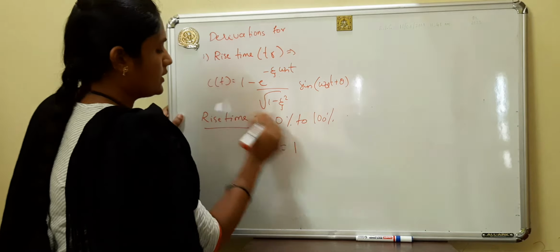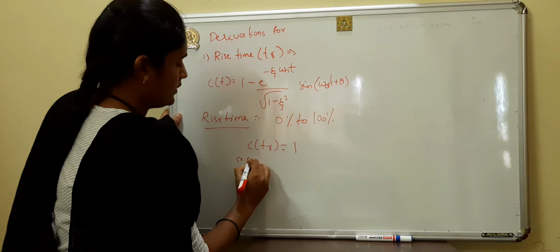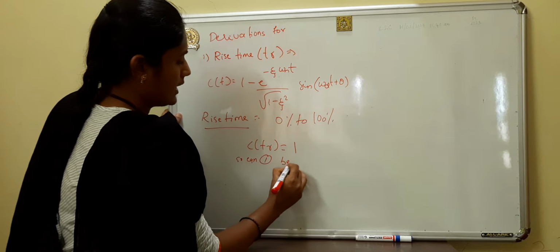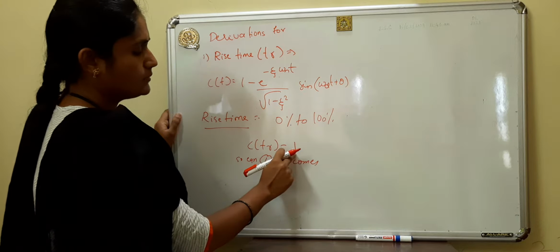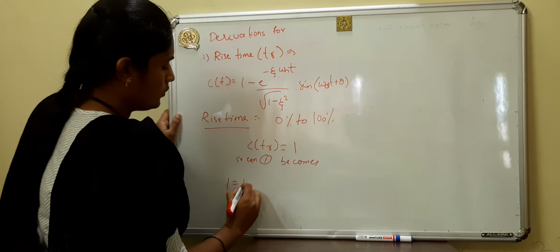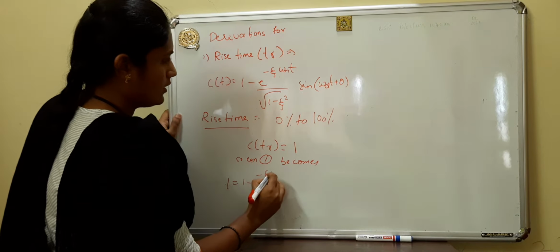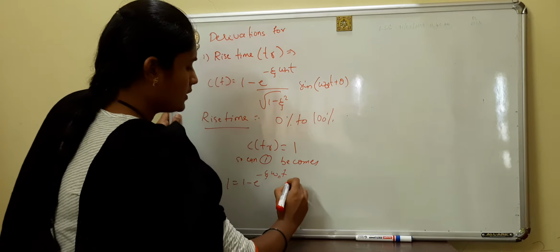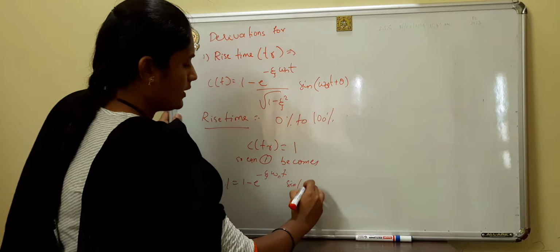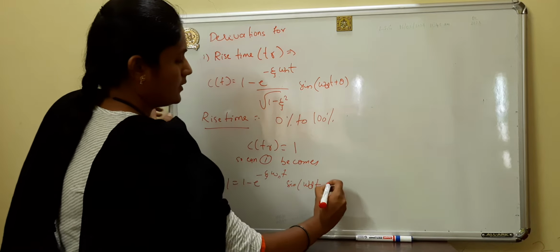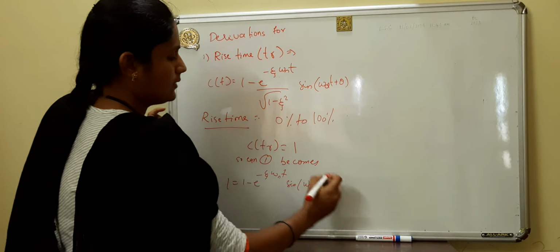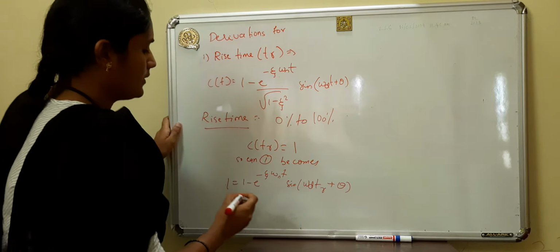Equation 1 becomes 1 equals 1 minus e raised to minus zeta omega n tr divided by square root of 1 minus zeta square, times sine of omega d tr plus theta.